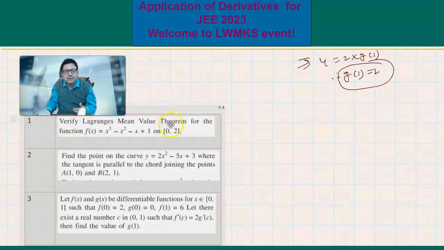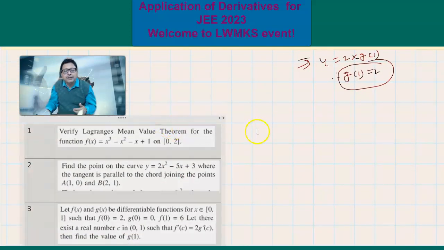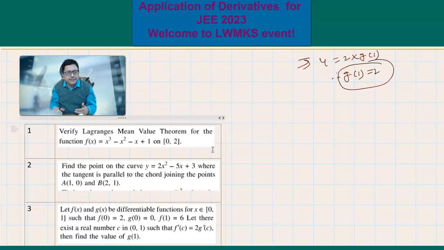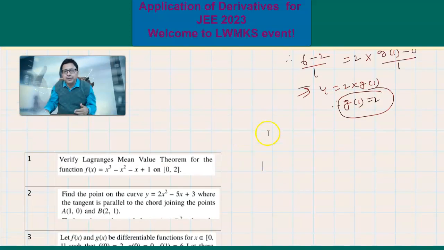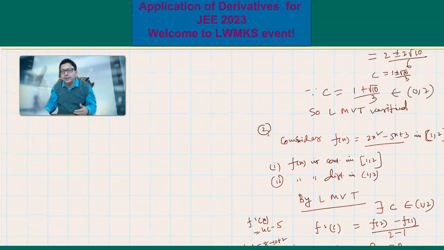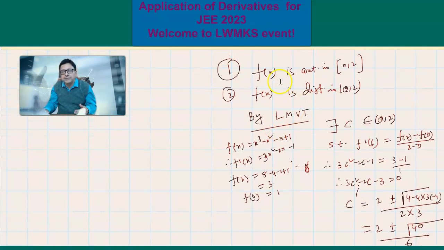Now let us consider another type of problem in LMVT, which will help you to understand whether Lagrange's mean value theorem is everywhere applicable or not. Applicability of Lagrange's mean value theorem, as you have seen before, depends entirely on continuity and differentiability of the function.